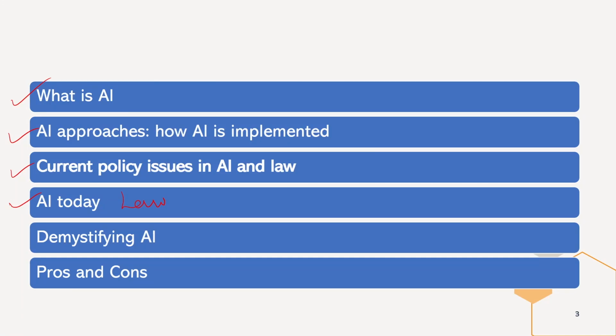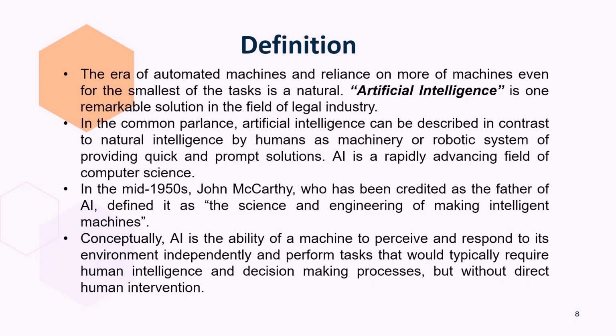So let us, friends, begin with some important definitions about AI. First I will cover the definition, and then I will go back to the scope and the approaches in which AI functions.